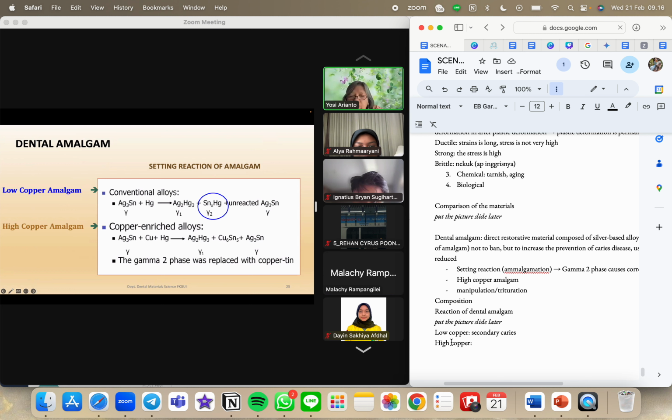So the gamma 2 phase was replaced with copper tin, and this makes the high copper amalgam stronger. It will not corrode, or maybe a little bit, but it is not corroded as much.